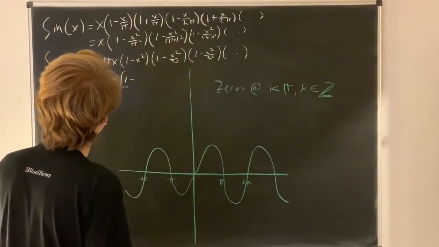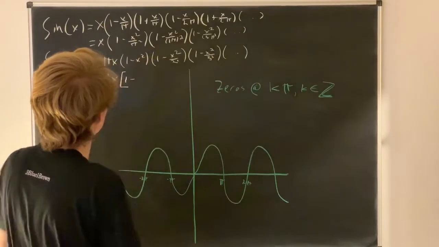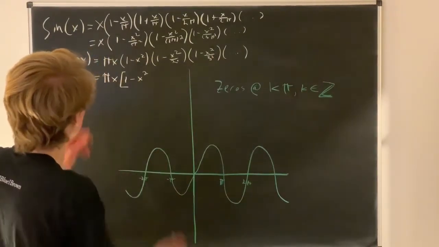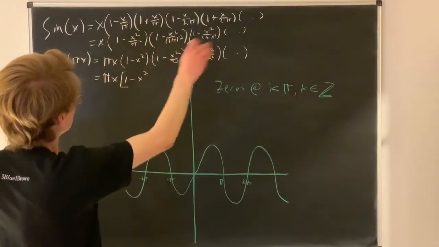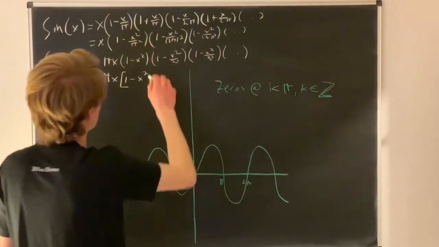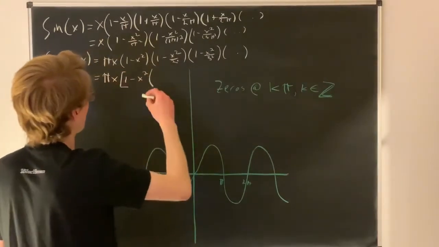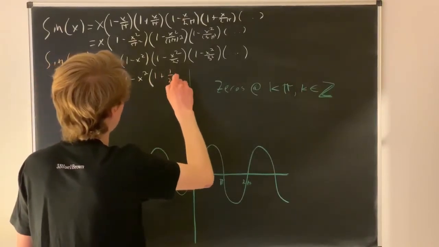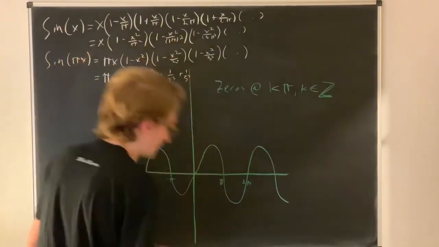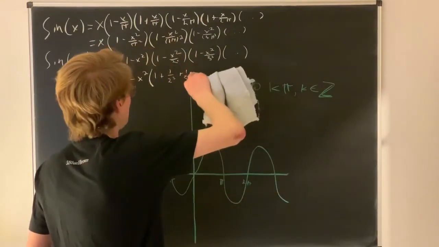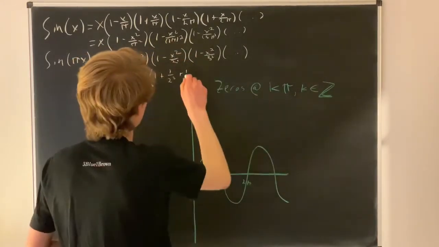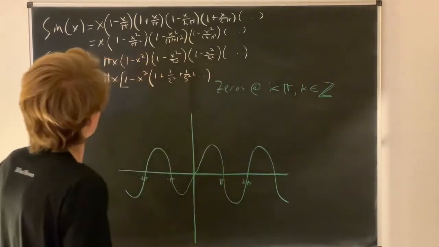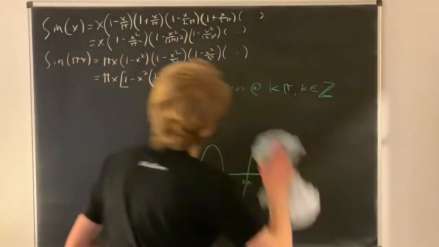And then if we consider these x squareds, if we're taking this pi x times all the x squareds and then factoring it out, we'll be left with minus x squared times the quantity of just their coefficients.